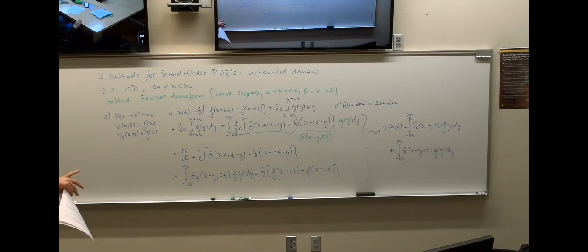Therefore, we can replace the Green's function by g of x and ct. It is not affected anymore by the integral over y. The delta function integrates to 1, and the conclusion is that u of x and t is g of x and ct. Yeah?